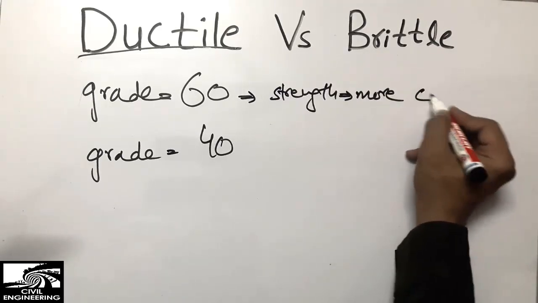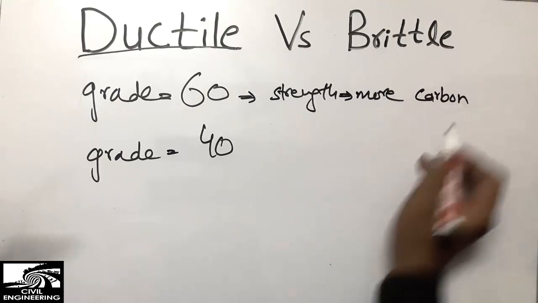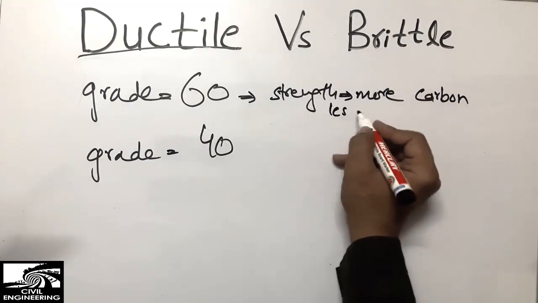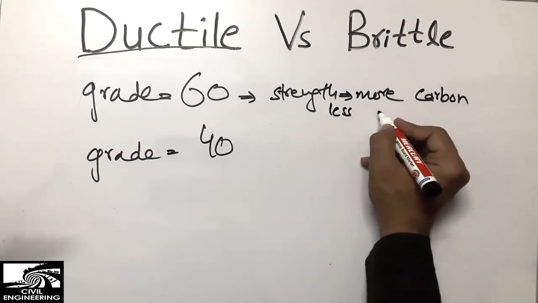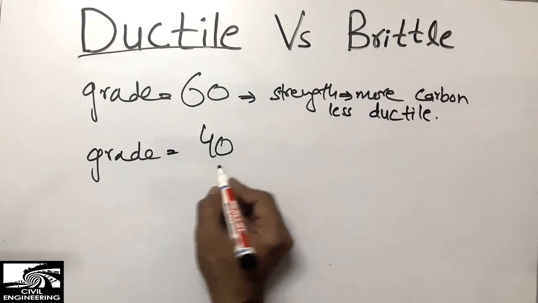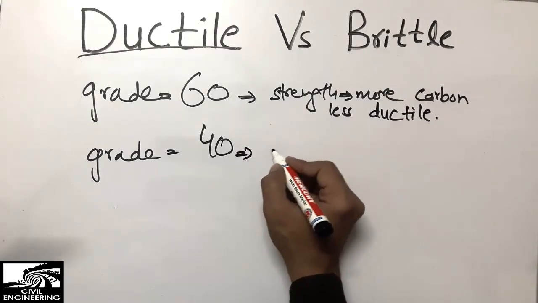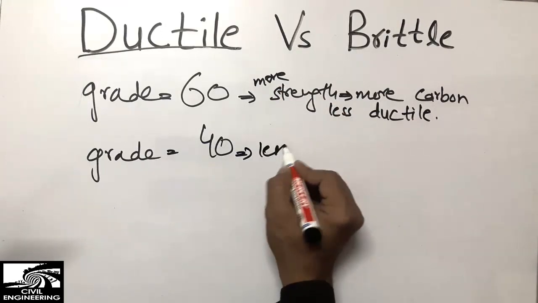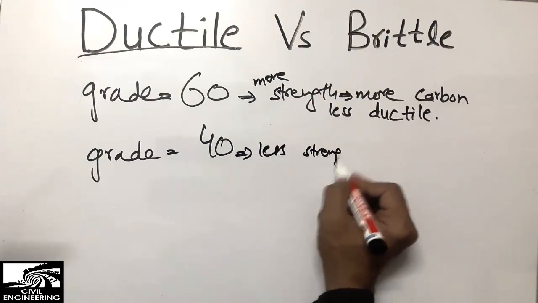The more carbon, the more strength, but it is less ductile. Less ductile material. Okay, so grade 40 has less strength.